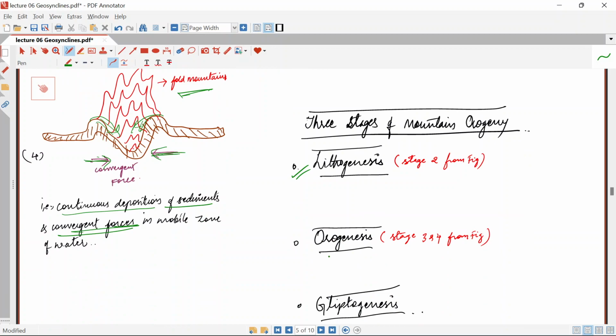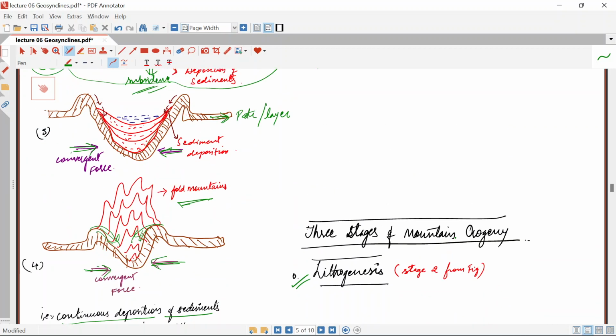Orogenesis, the second stage. We have to see figure number 3 and 4. If we consider both figures, we can say that due to the convergent forces and the regular continuous deposition of sediments, a squeezing takes place, and due to the squeezing a fold is formed, and thus we can see the formation of a fold mountain.